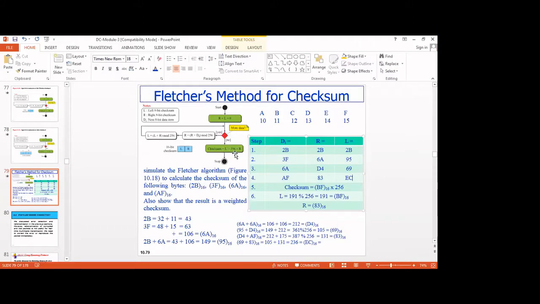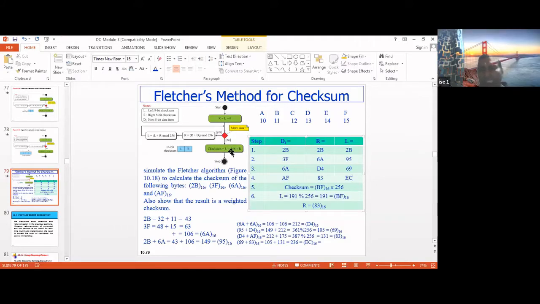Now calculating checksum. So checksum is nothing but 236 into 256 if you give. But this into is a big number. I meant to say mod only.